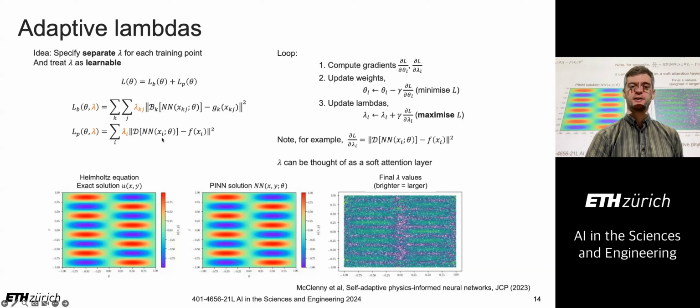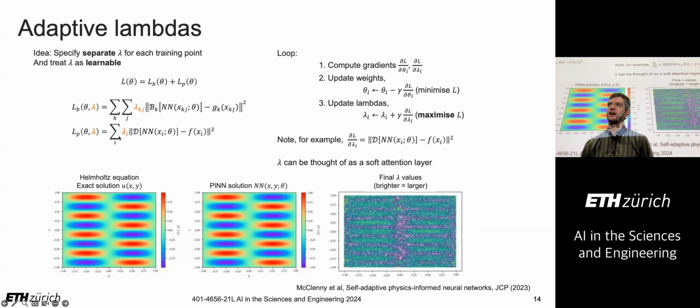So what this paper suggested is that we don't just have a single lambda value for each boundary term. We actually have a single lambda value for every collocation point and every training point that we train the PINN with. So here, when we're summing across all of our boundary points and when we're summing across all of our collocation points, we times each term, each summed element in the loss function by a separate lambda value.